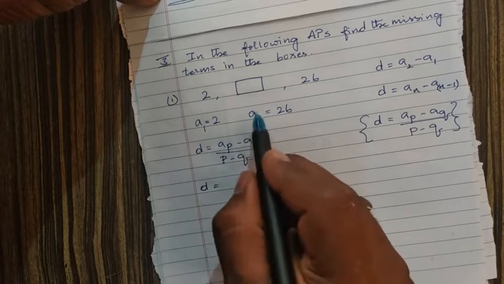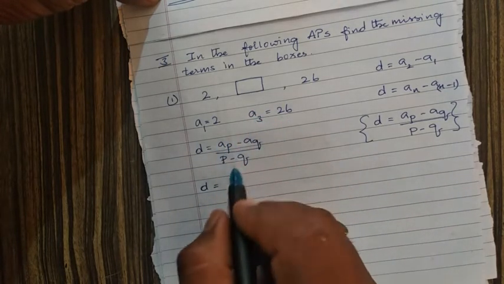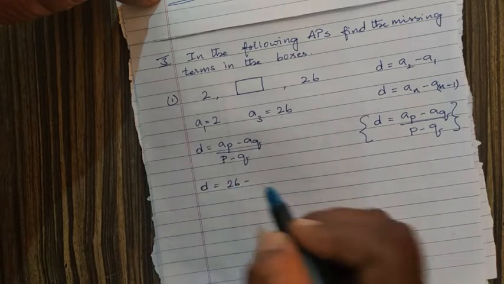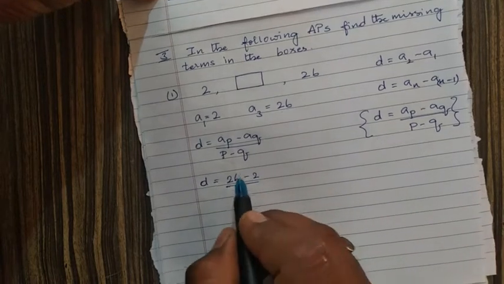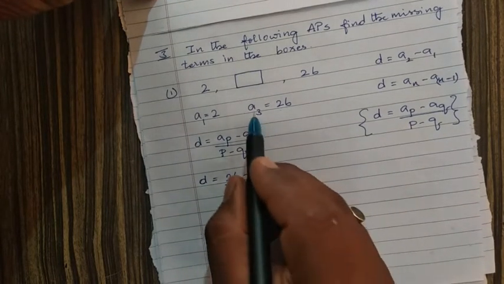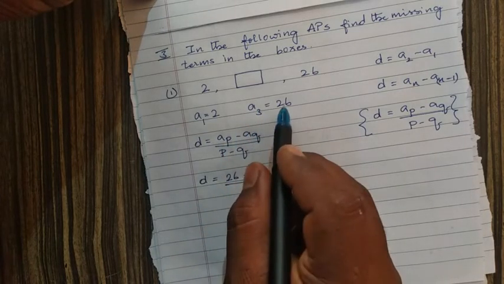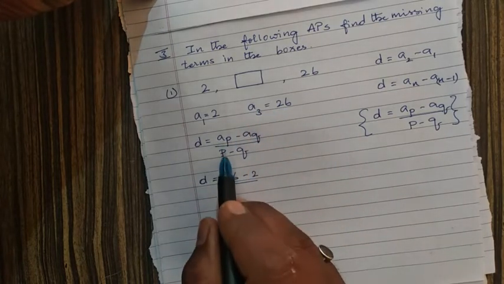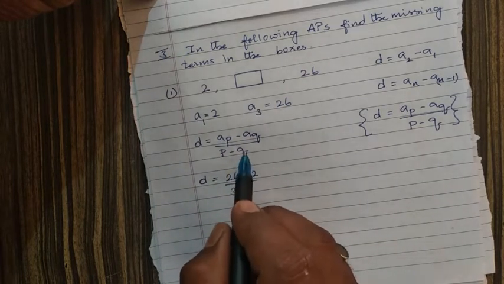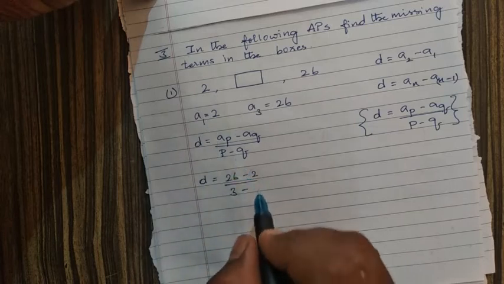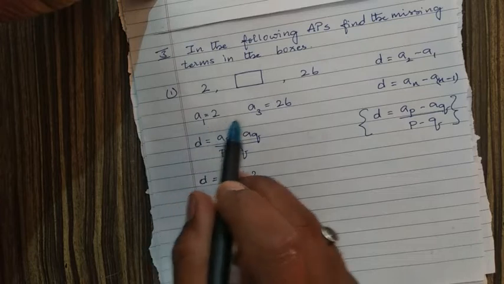So if I take Ap as A3, A3 is 26 minus Aq, which is 2, by p, which will be 3, minus q, which will be 1. So that is the value of your p and q.